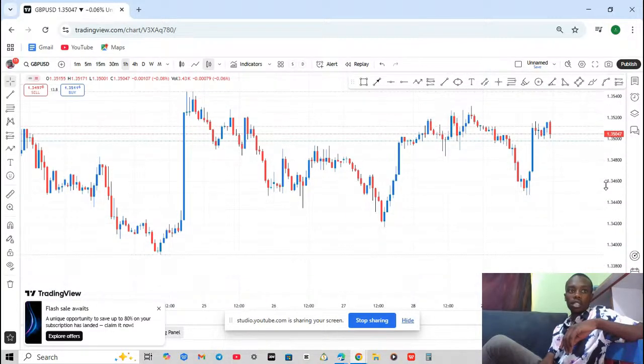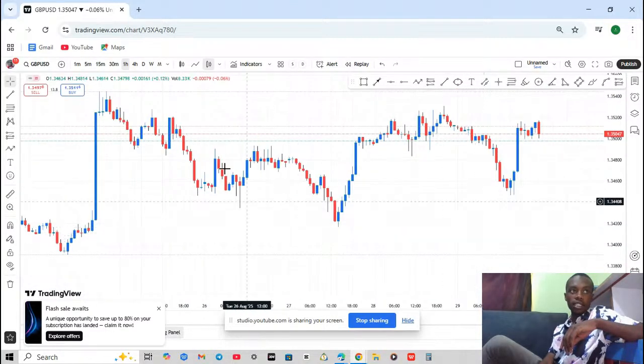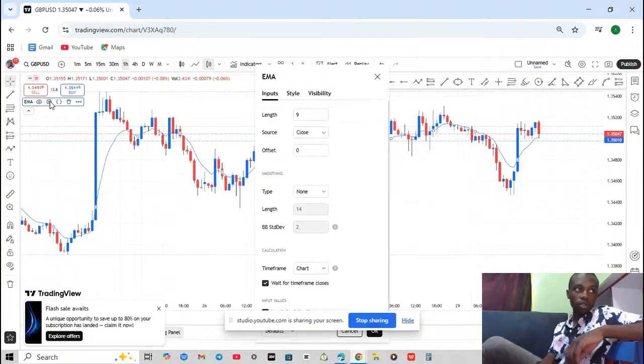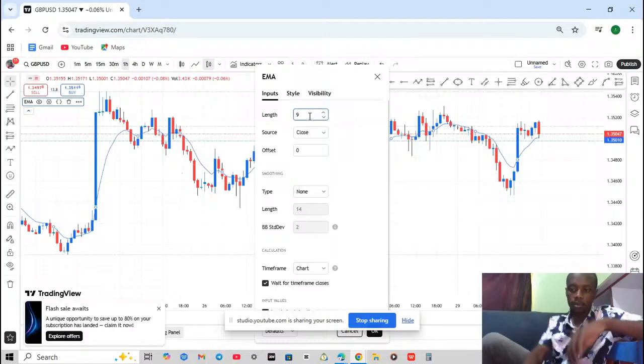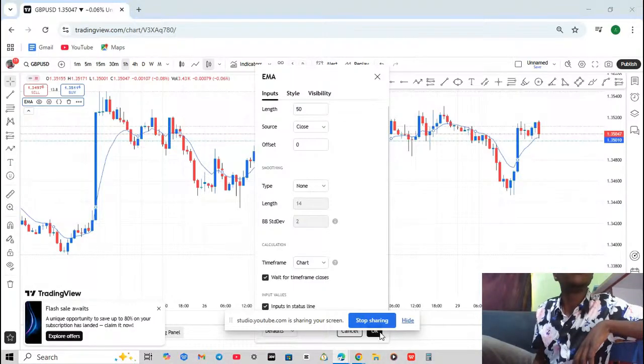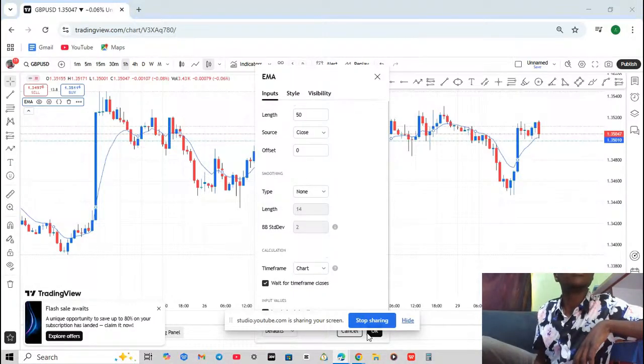I kind of deleted my indicator, so it's here, the exponential moving average. You come up to settings, and the length must be 50.